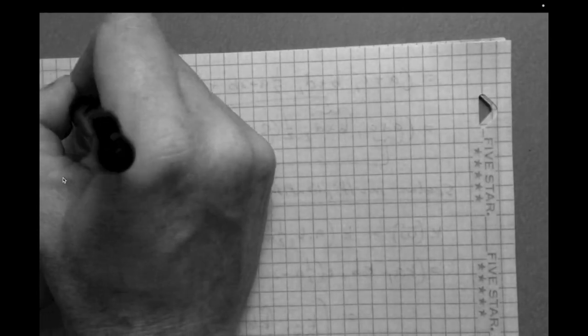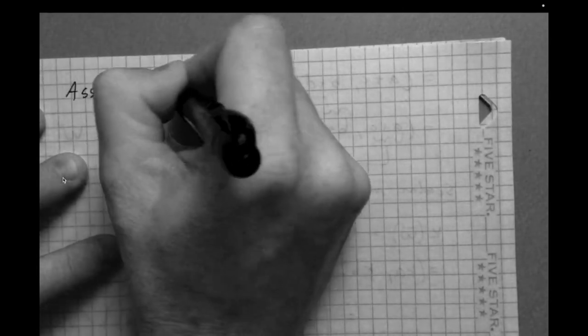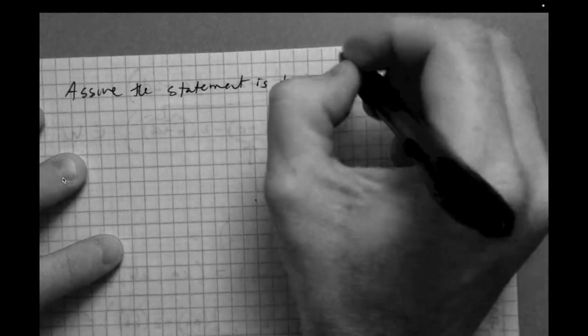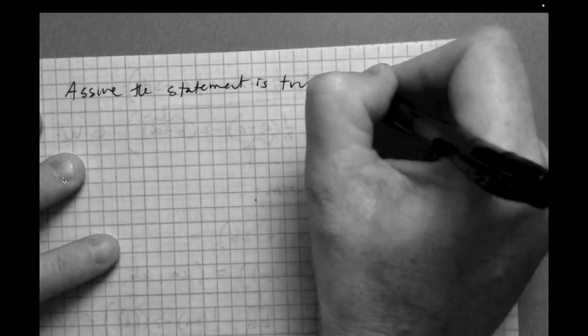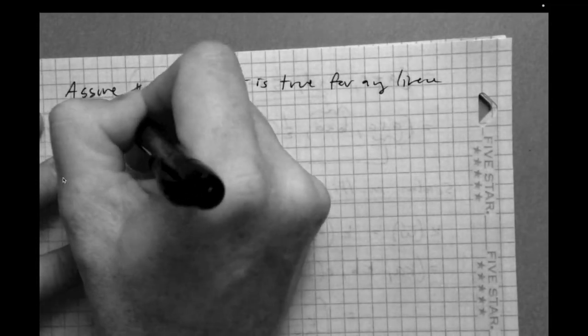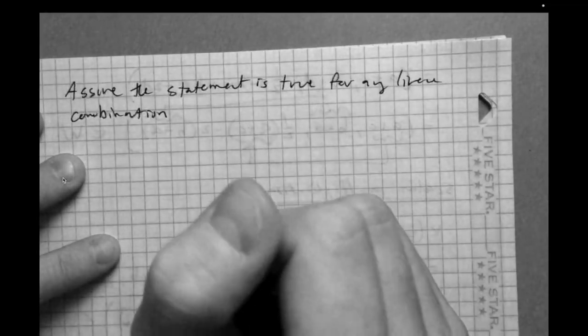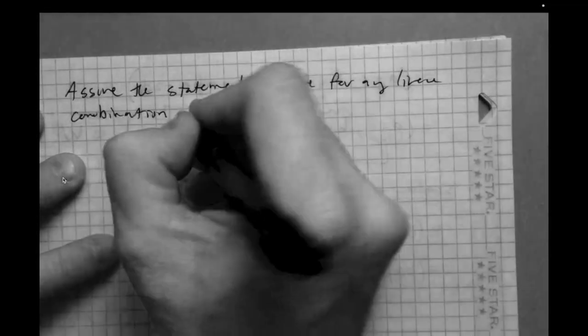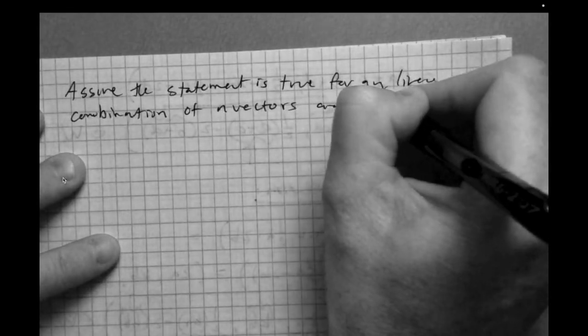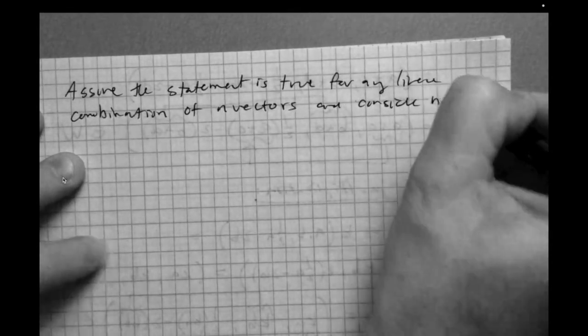Okay. And so we just showed it for n equals 2, but let's assume the statement is true for any linear combination of n vectors, and consider n plus 1.